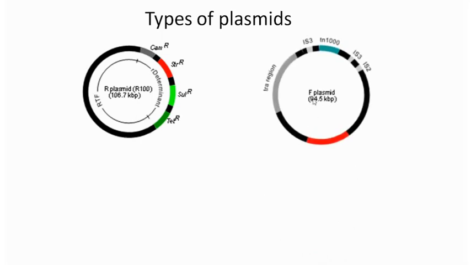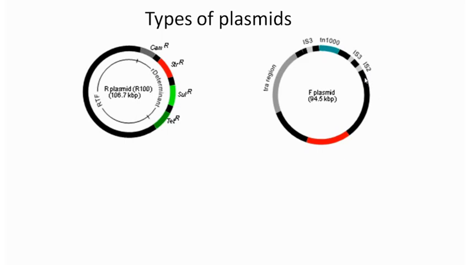Now let's talk about the F plasmid, the fertility factor. The F plasmid is a very big plasmid, about 100 kilobase pairs; 94.5 kilobases has been shown here. It has a 25 kilobase pair region called the tra region, which is responsible for its transfer into the recipient cell. There are many simple transposons like IS3, IS2, insertion sequence elements, and there is a Tn element also, the Tn1000 transposon, in the bacterium.